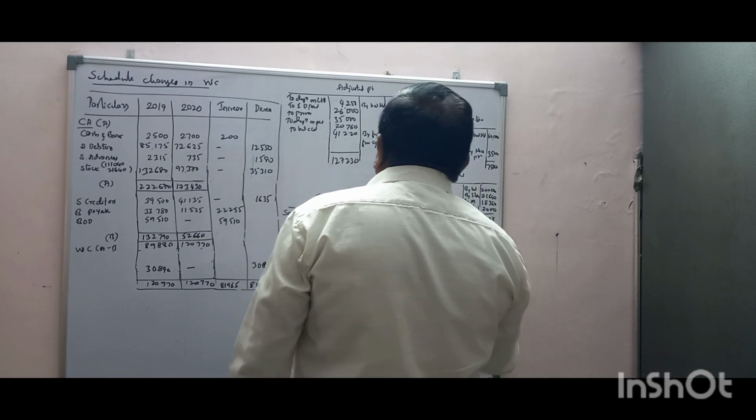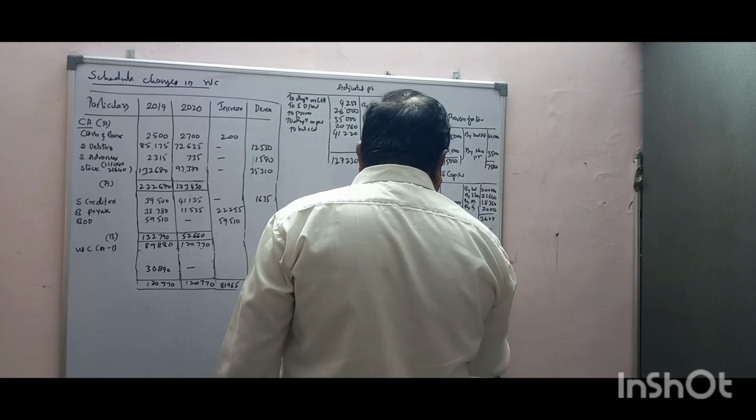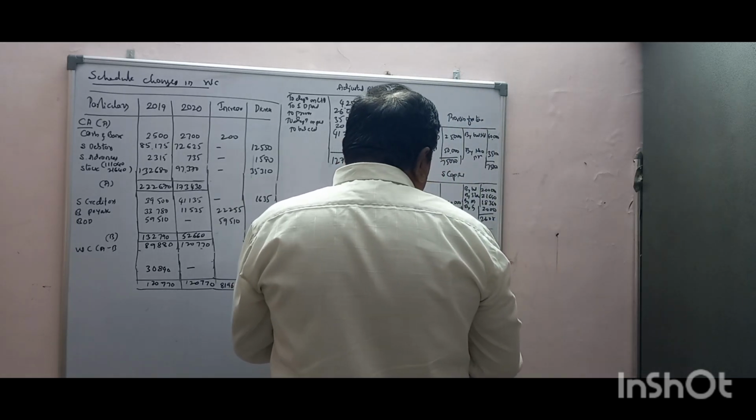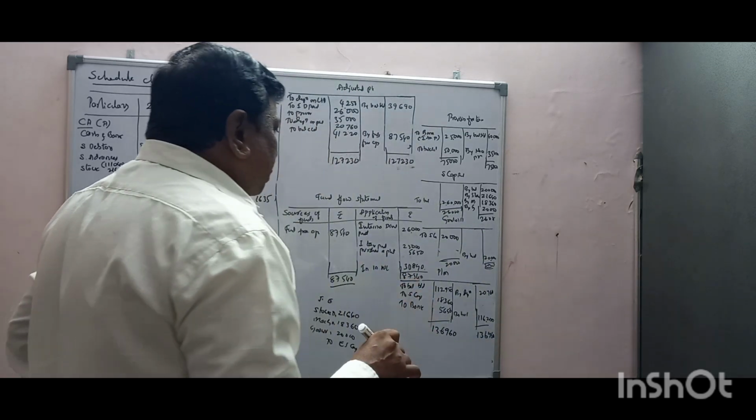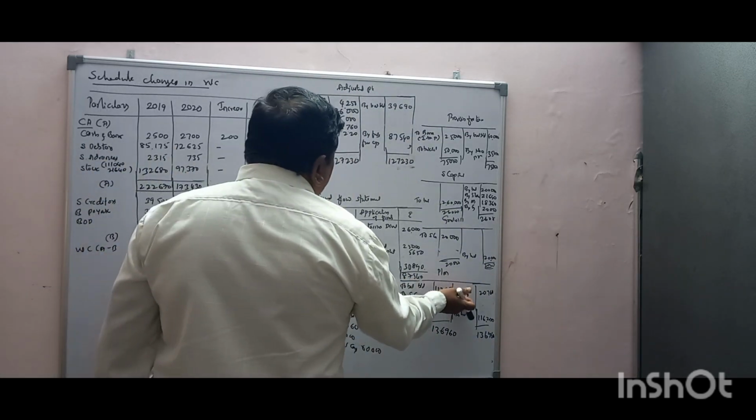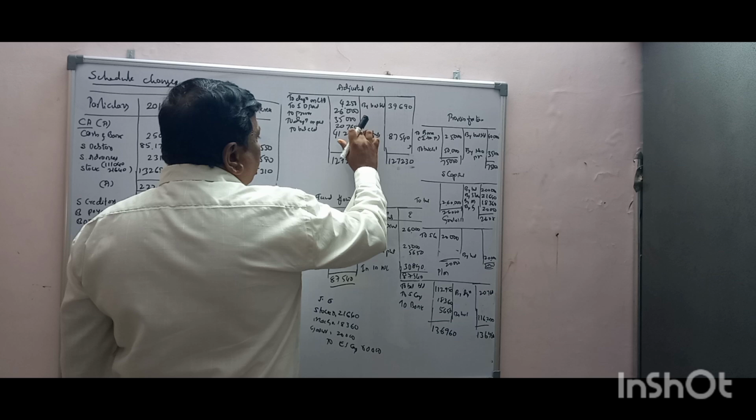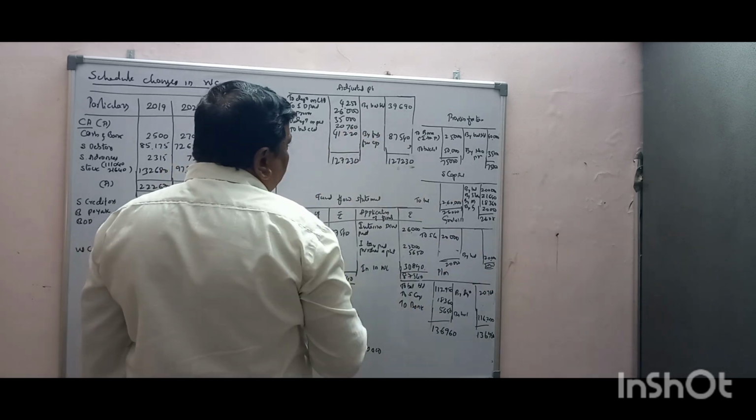The difference, 20,760, is depreciation. I'll write 20,760 as depreciation and transfer it here. Now everything should be closed.